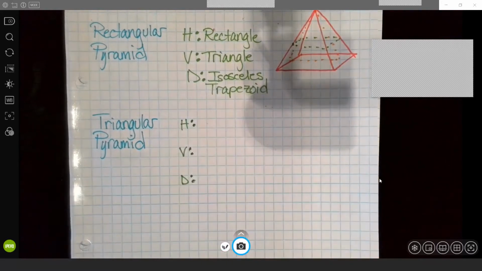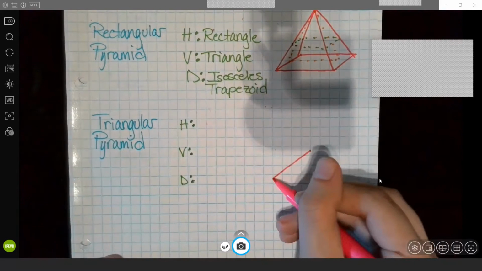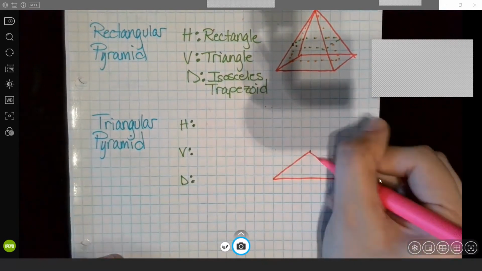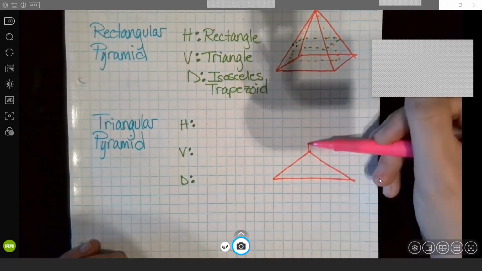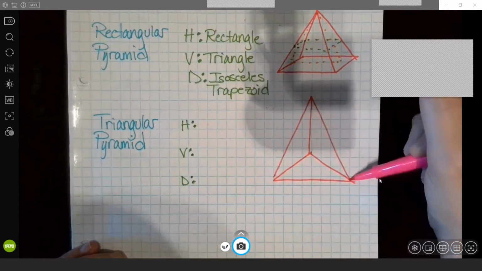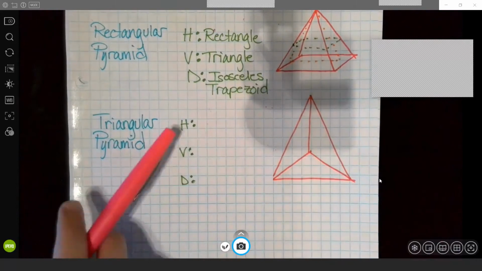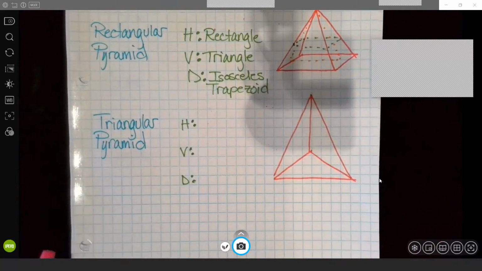We're going to draw it out. In a triangular pyramid, you have a triangle base, and it all connects back up at one singular vertex. You should have a big enough image to draw in right next to your list.